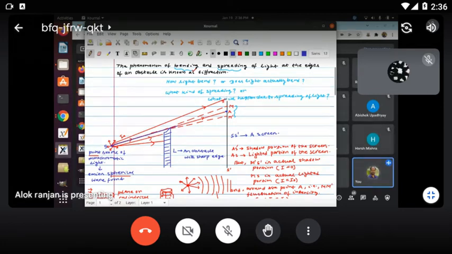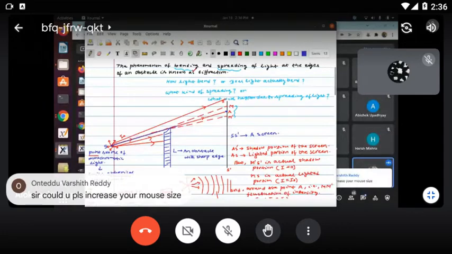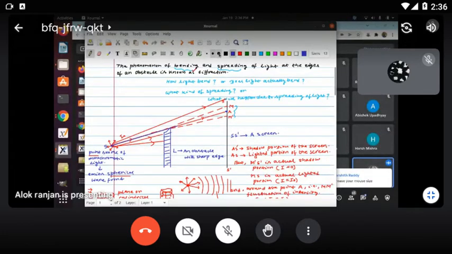But what we actually observe when we perform this experiment is that the AM portion, which must be the geometrical shadow region, is not completely dark, that means the intensity is not 0. Similarly, the AM portion is not completely bright, that means not I naught. It is in between 0 and I naught.